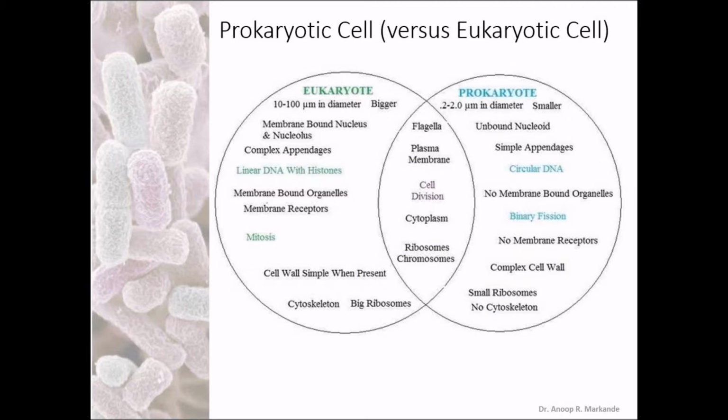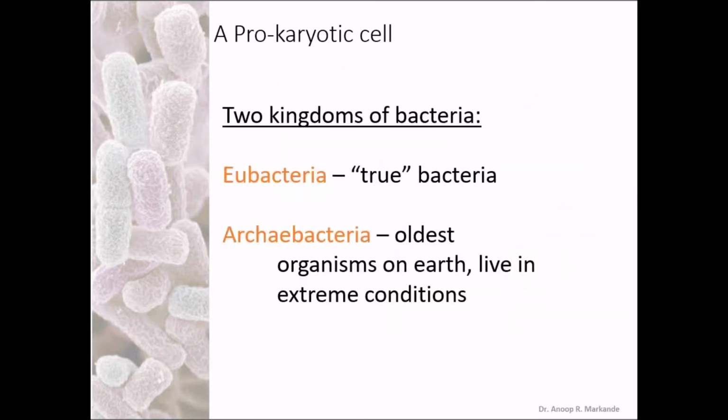These are some of the basic similarities between the two types of cells. So in prokaryotic, that is primitive nucleated cells, the two kingdoms are eubacteria or true bacteria, and Archaebacteria or archaic, that is the oldest organisms on earth.